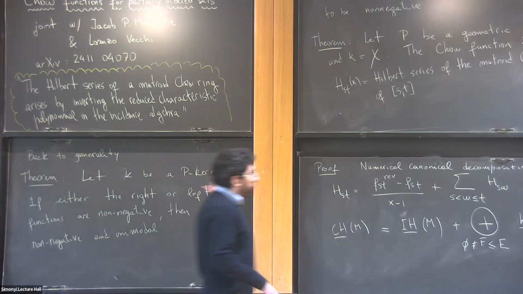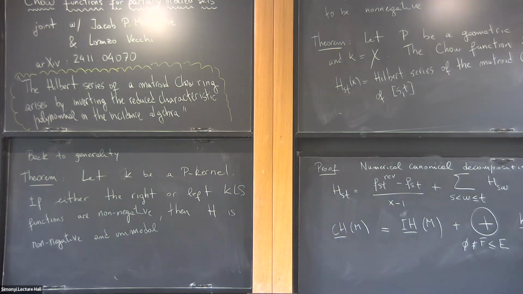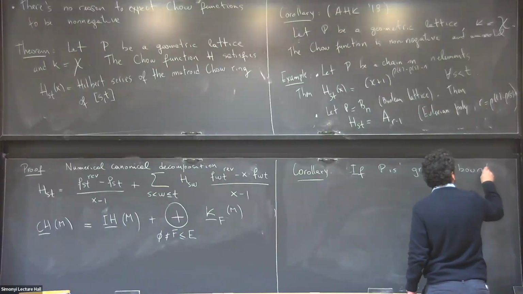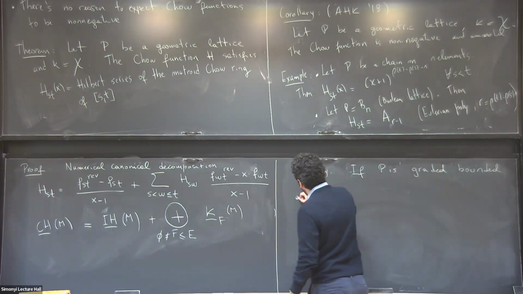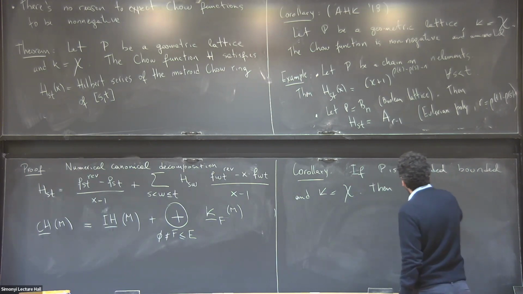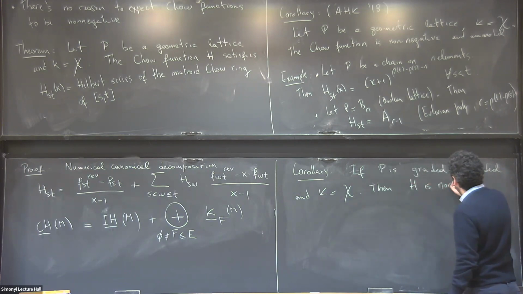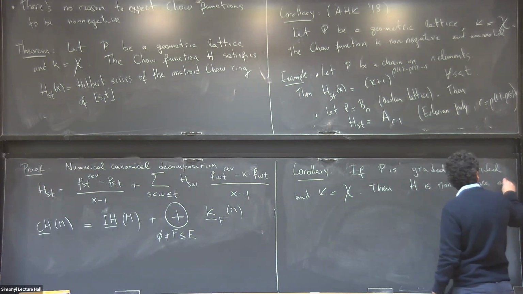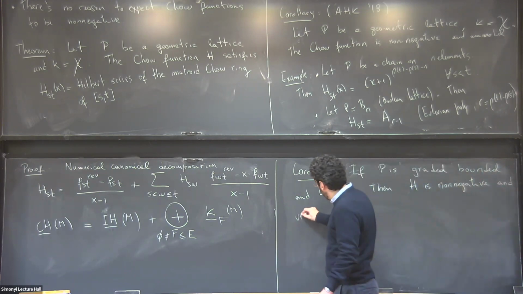Yeah, and let me write the corollary. A corollary of the theorem: if E is graded bounded and kappa is chi, then H is non-negative and unimodal.